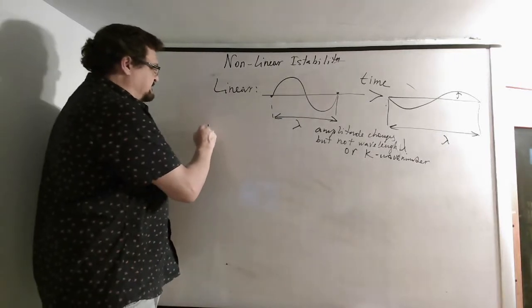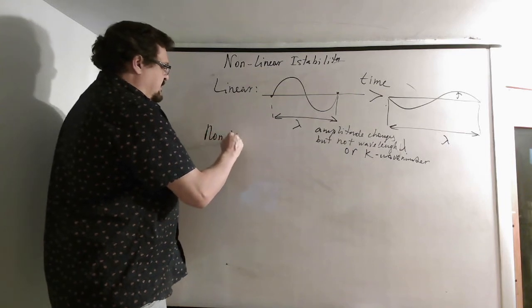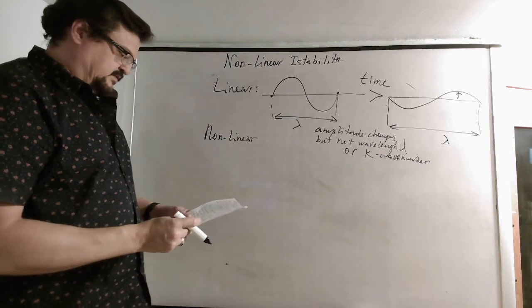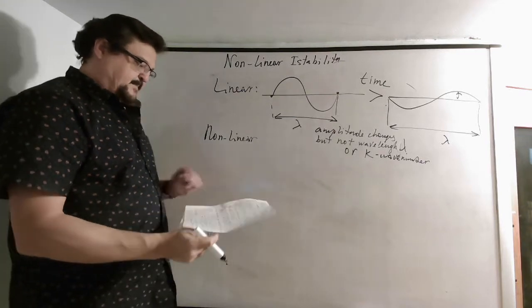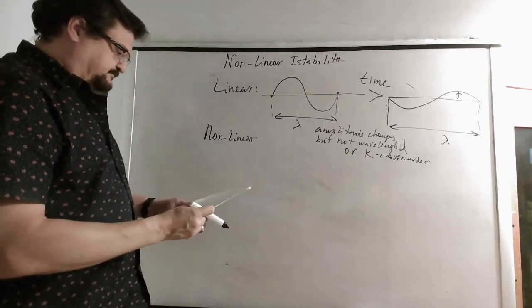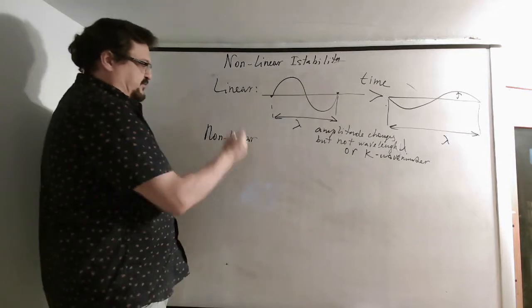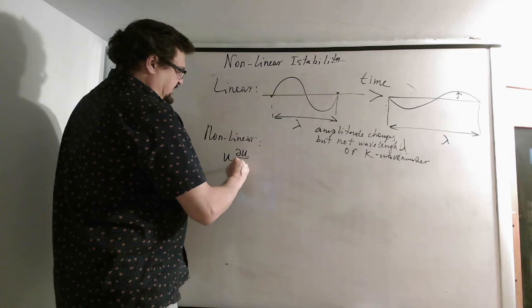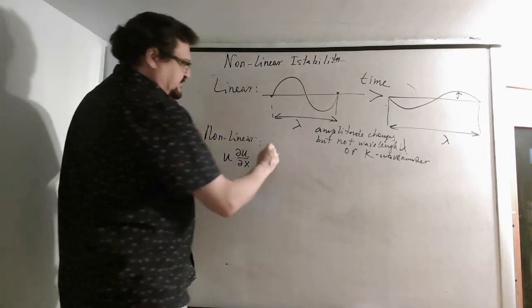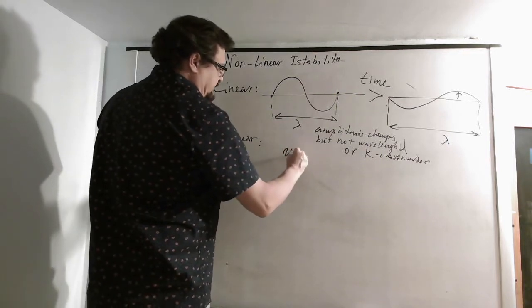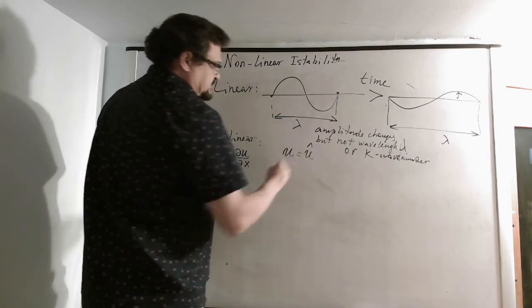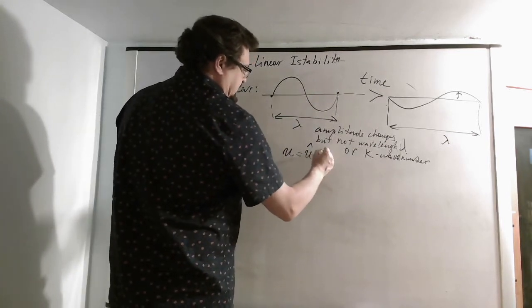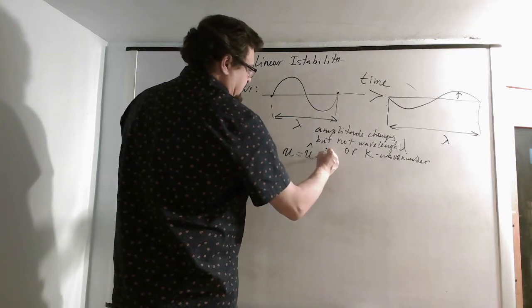In nonlinear equations, you create new harmonics. So for example, let's consider this term u du/dx, and we consider a Fourier harmonic, u tilde amplitude times e to the power of ikx.